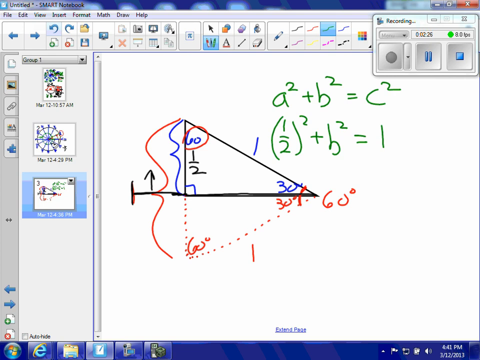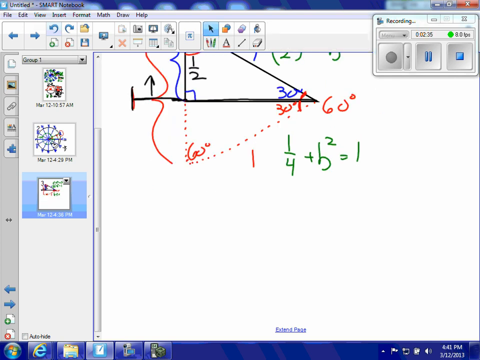Well, 1/2 squared is 1/4, plus b squared is equal to 1. Let's subtract the 1/4 from both sides. I have b squared is equal to 3/4.